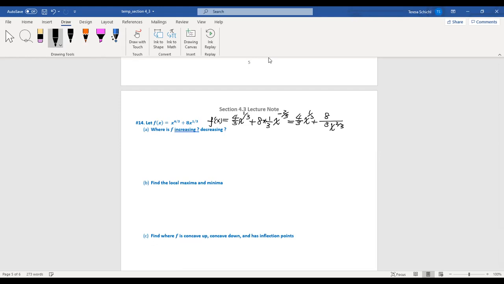Okay, and now in order to find the increasing, decreasing, I need to combine here. So I will say that this is 3x to the 2/3, a common denominator. So if the common denominator is 3x to the 2/3, what happens to these terms here?